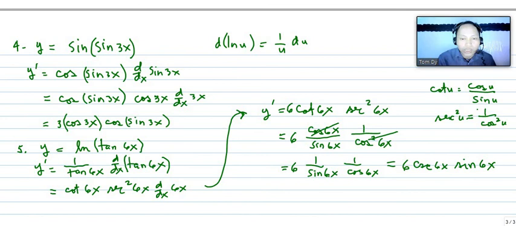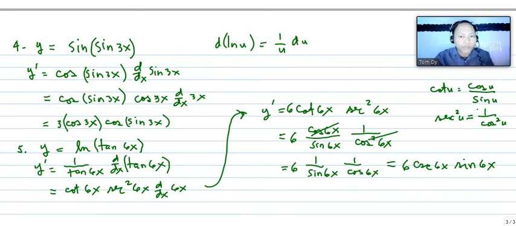Or you can make use of your half angle formula for this one. Okay, so we can make use of this one as our final answer, or your half angle formula for sine x cosine x. Take note, sine x cosine x equals 1 over sine 2x. I mean, that is a half angle formula.